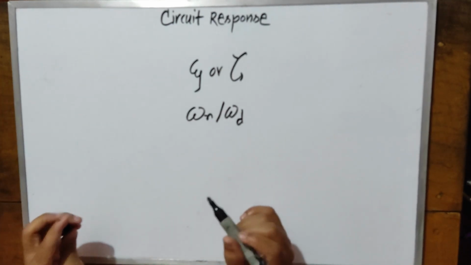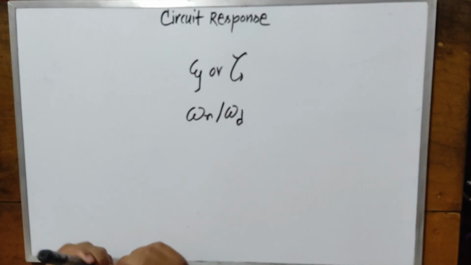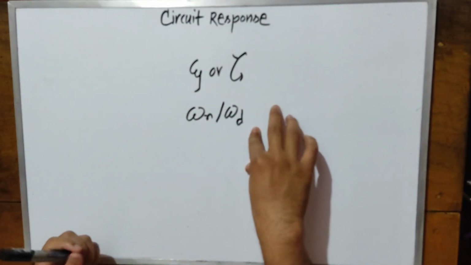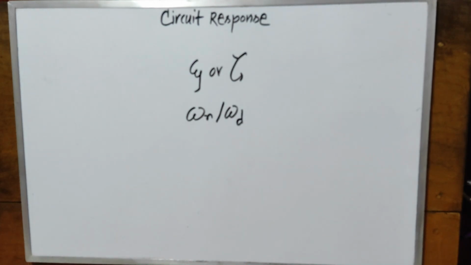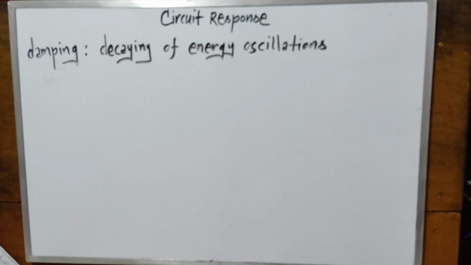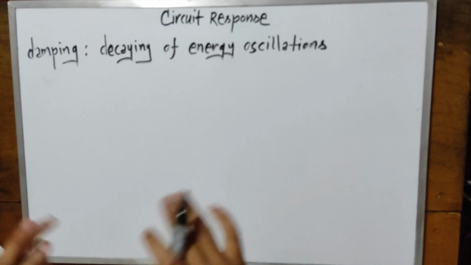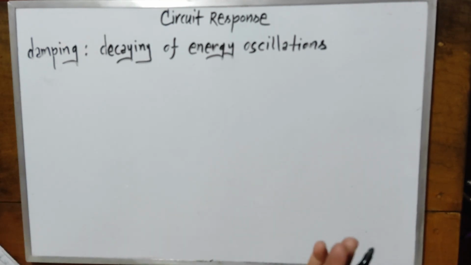Let me first discuss these two terms in general. In systems theory, the term damping refers universally to the decaying of energy oscillations in a system.